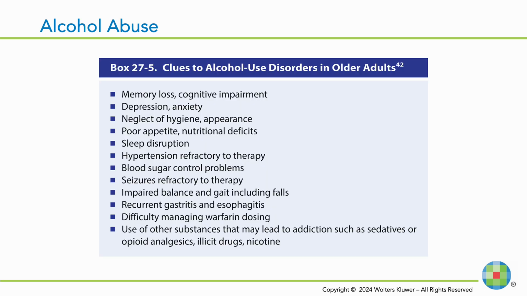Unfortunately, people who have chronically abused and used alcohol, there are some alcohol use disorder clues in older adults. Memory loss and cognitive impairment, depression and anxiety. Chronic alcohol usage leads to a number of problems. Elderly adults oftentimes are facing these.